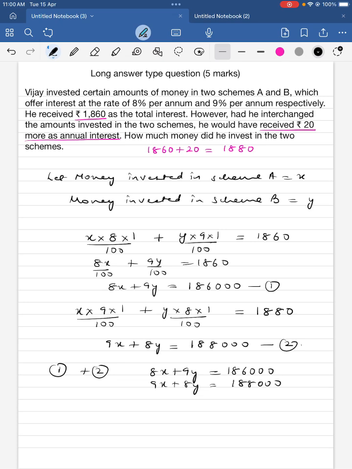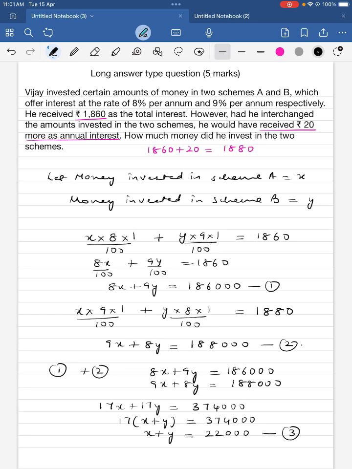Now, by adding up the two equations, I would get 17x plus 17y equal to 3,74,000. If I take out 17 common, I would have 17 into x plus y equal to 3,74,000, or x plus y would now become 3,74,000 divided by 17, which is 22,000. Okay, so that's my third linear equation.